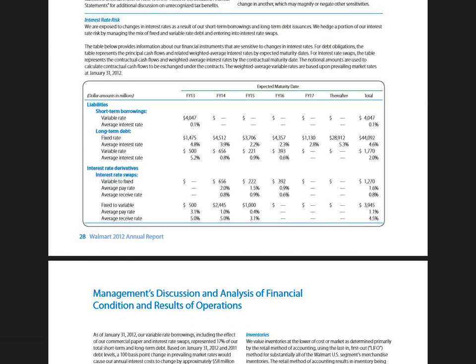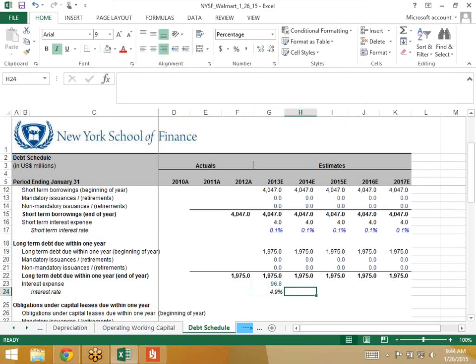Divided to get 4.9. So I'm going to say, okay, well that was 4.9, I'm going to use 4.9 going forward now. So for 2014, I'm going to hard code 4.9.